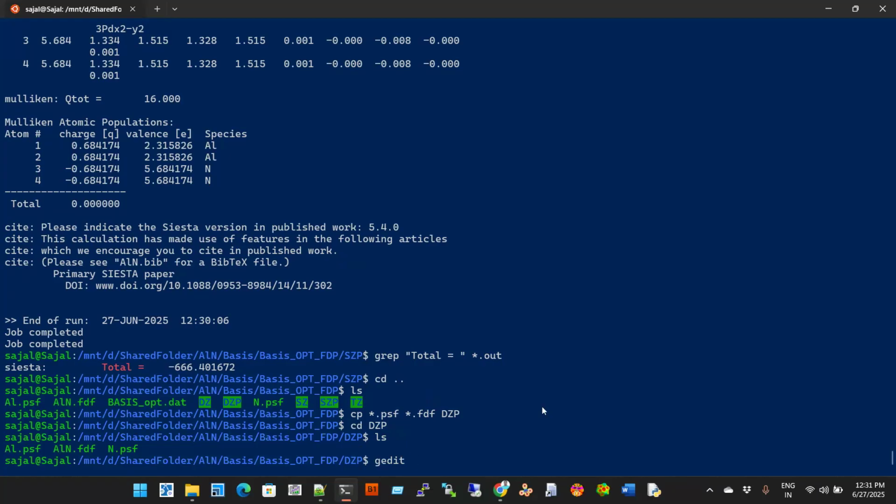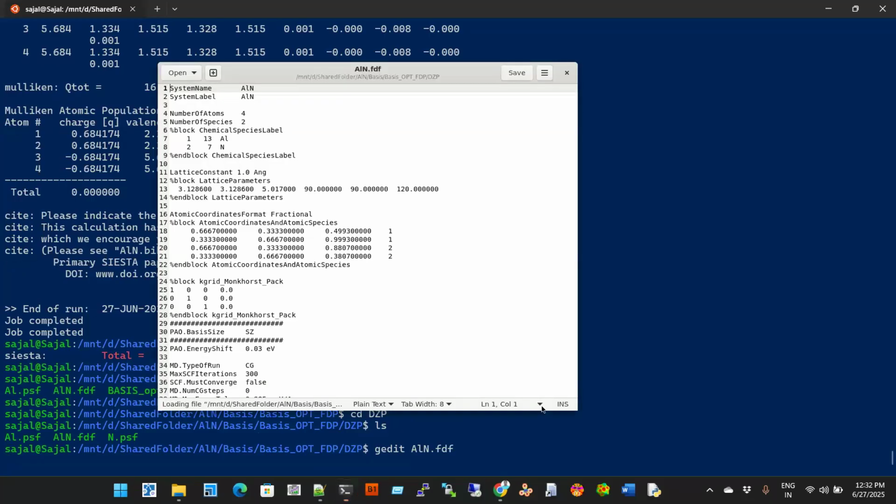We can use gedit or any other text editor. As I am using WSL, it is purely terminal based, so I am using gedit. For DZP, we have to change the basis size block. Okay.